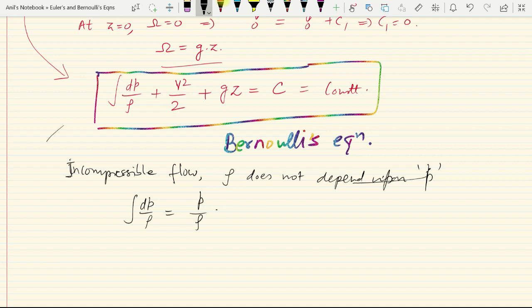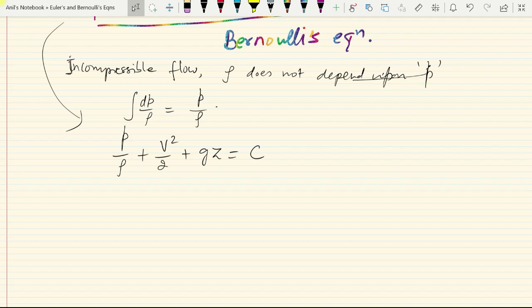So this equation becomes P by rho plus V square by 2 plus gz is equal to c. Now divide throughout by g: P by rho g plus V square by 2g plus z is equal to c by g.